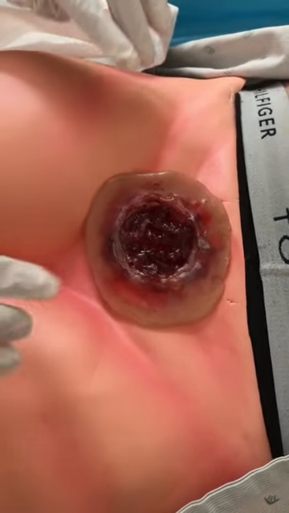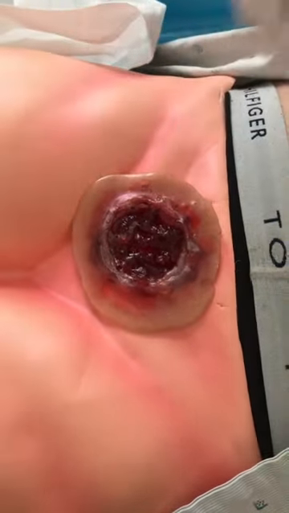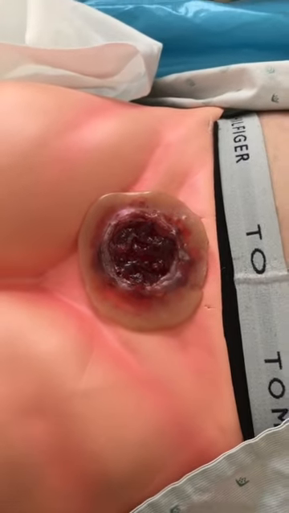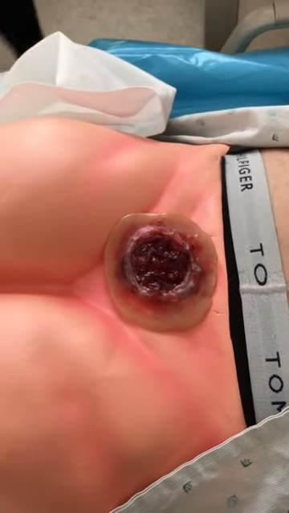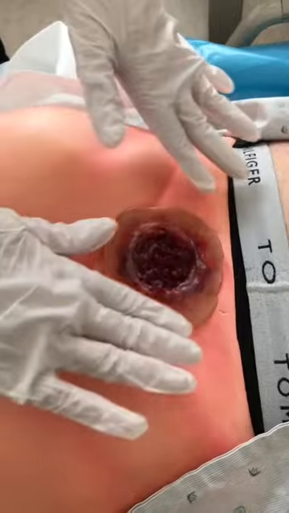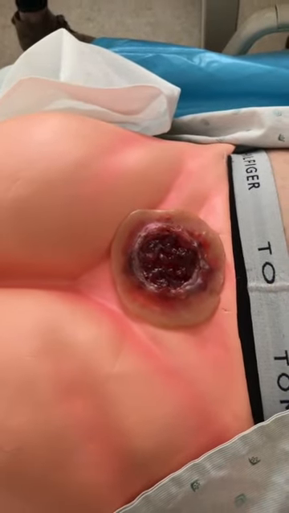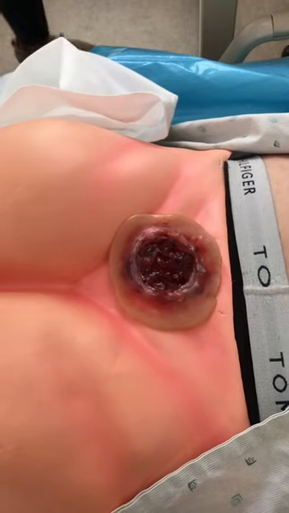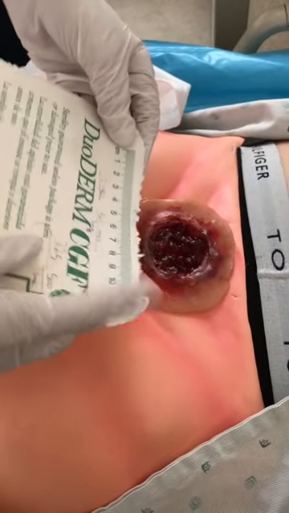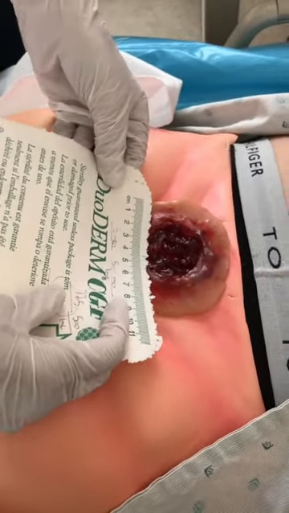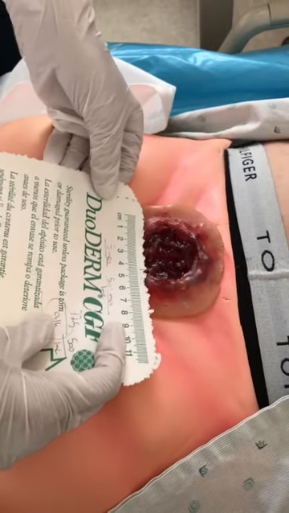Do you see that and note that? I do see the tunneling. Absolutely. Now, in terms of location, this is in the sacral area. And it's really important when we're doing this wound care to measure it so we know and understand how that wound is progressing.